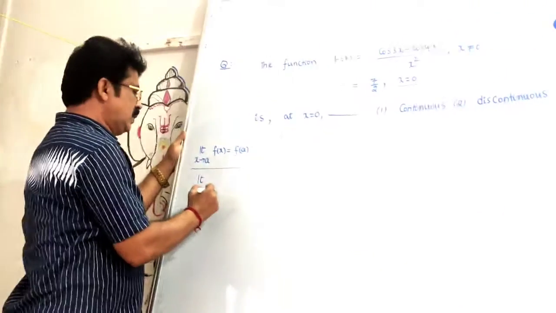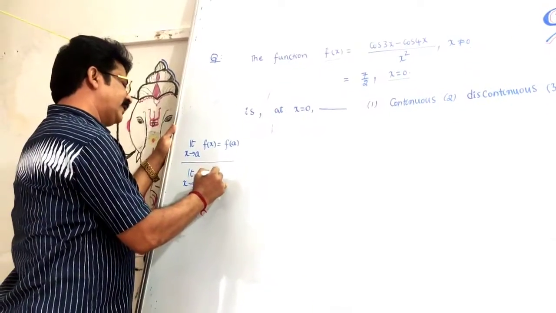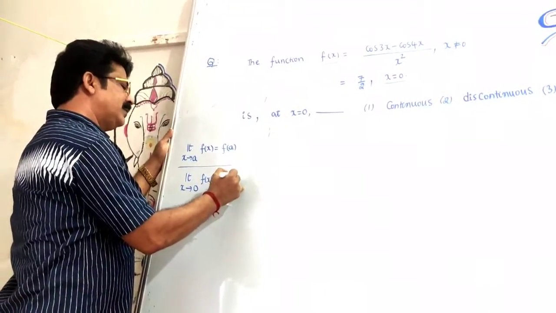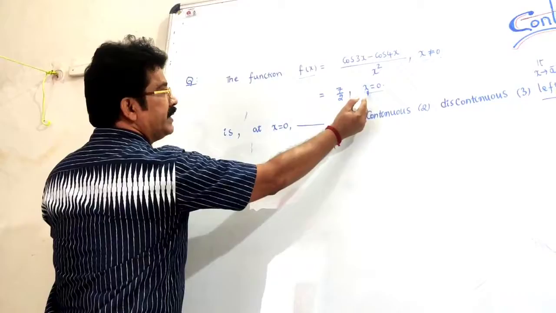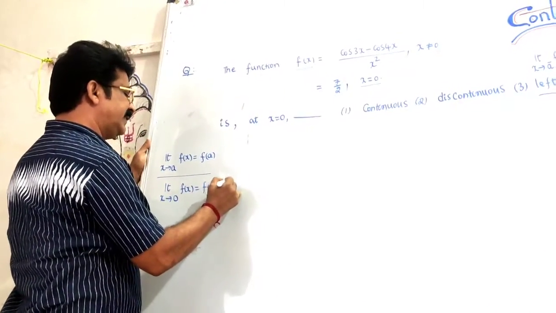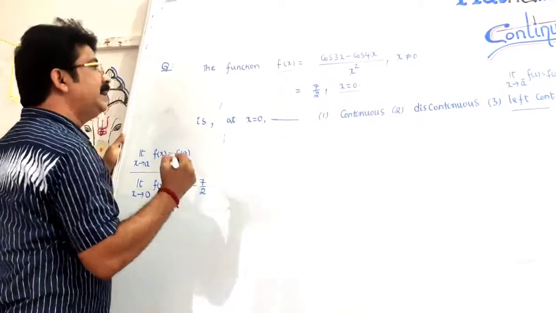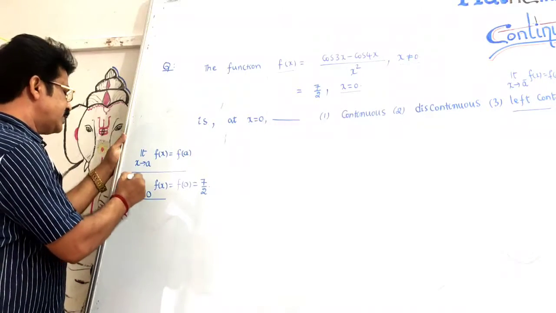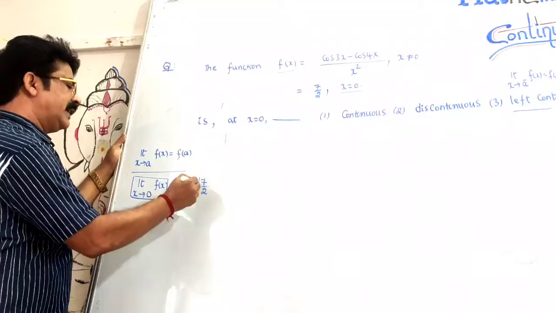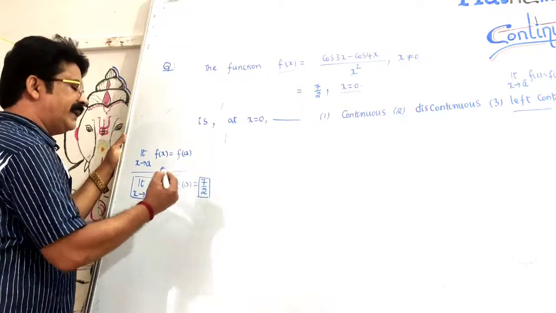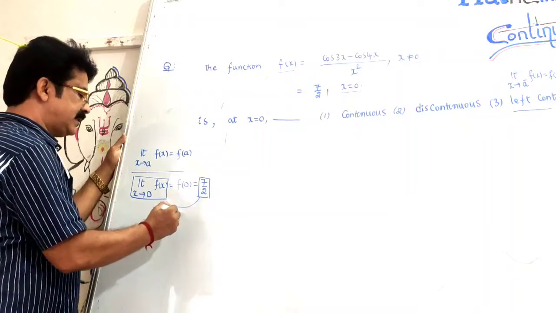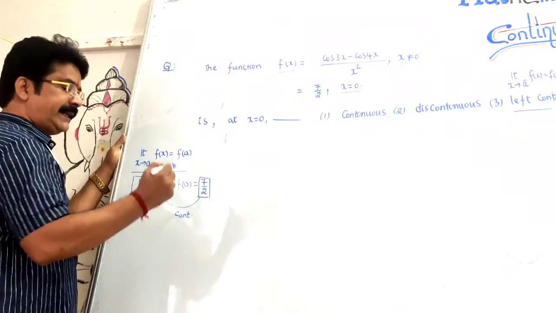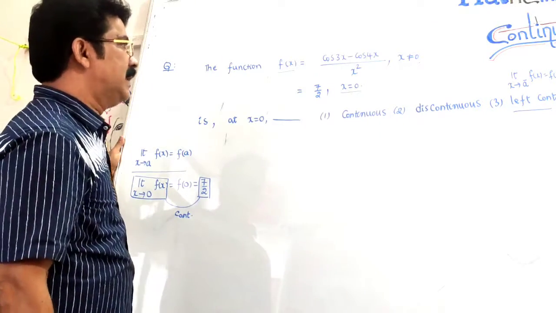Limit x tends to 0, f of x should equal f of 0. F of 0 is given as 7 by 2. So therefore, limit x tends to 0, f of x must equal 7 by 2. Then only it is continuous. Otherwise, it is discontinuous. Understand?